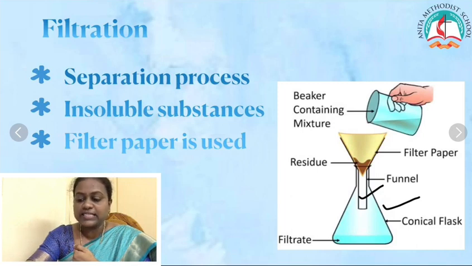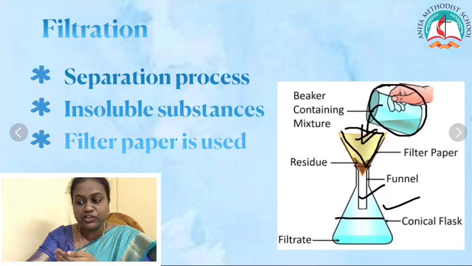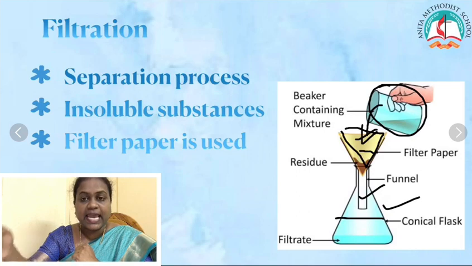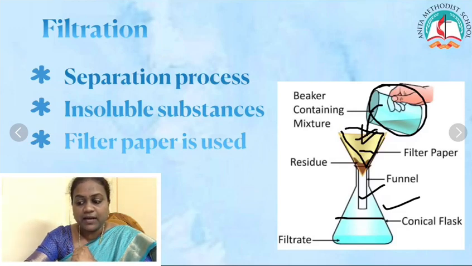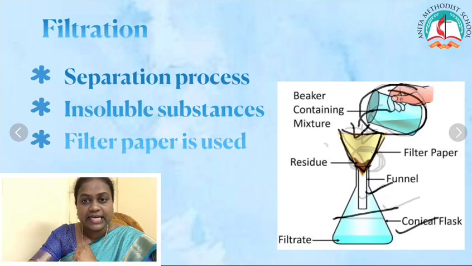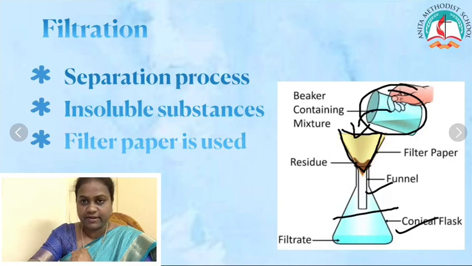So this solution that we got in the decantation is poured into the filter paper. Here the filter paper is kept inside the funnel and the liquid is poured in the filter paper. What happens? The insoluble substance is filtered in the filter paper, and you get a clear solution in the conical flask.